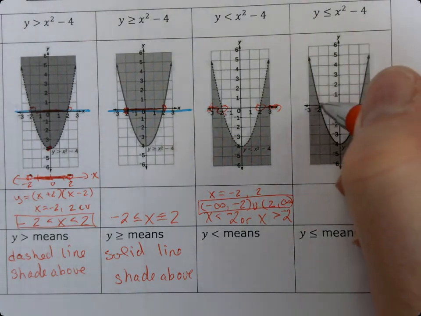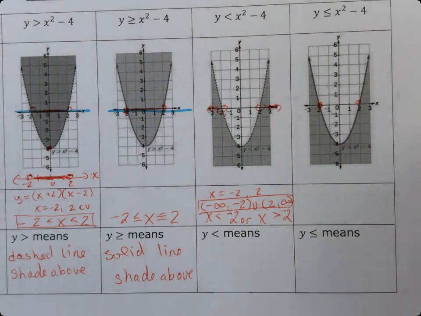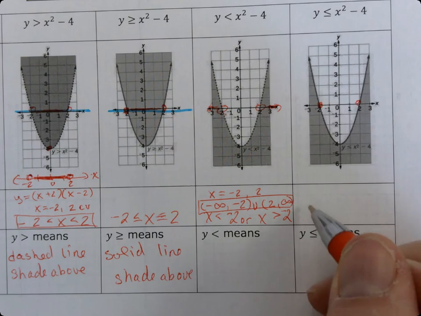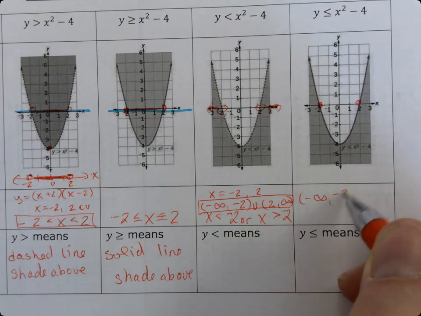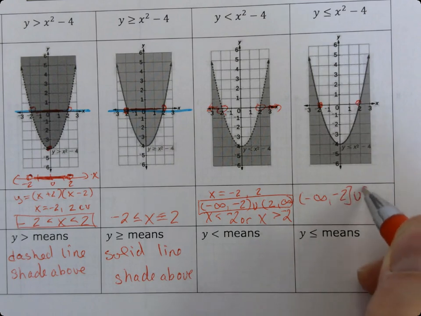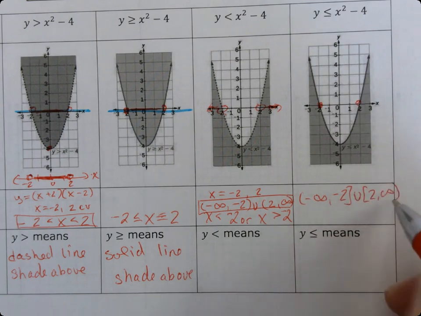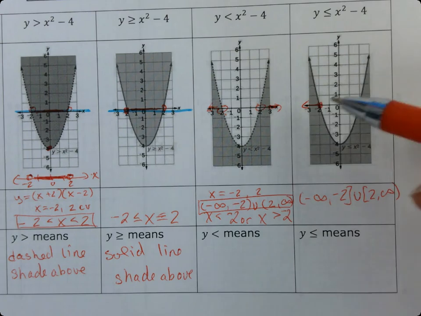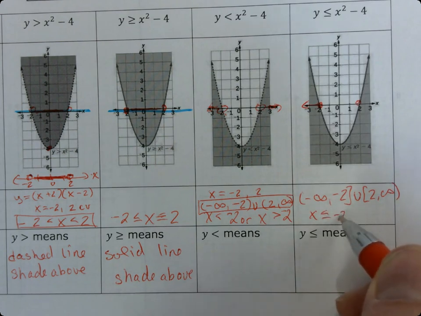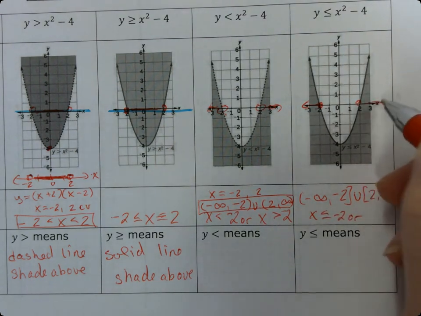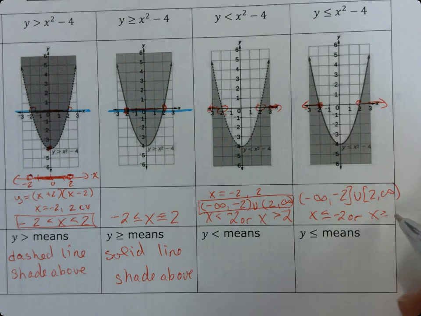Same idea, we'd have closed circles for these solutions, and we would then have equal to. So -infinity to -2, bracket, union 2 to infinity. Again, that's because we're shading below, and that means we're shading to the left of x is -2, so x is less than or equal to -2, or shading to the right, x is greater than or equal to 2.